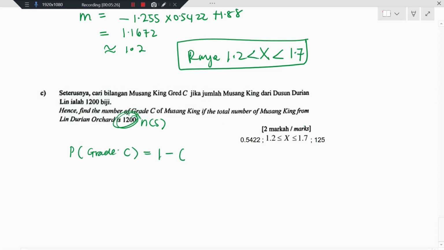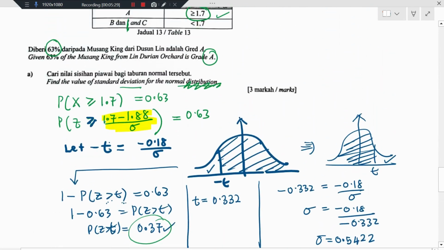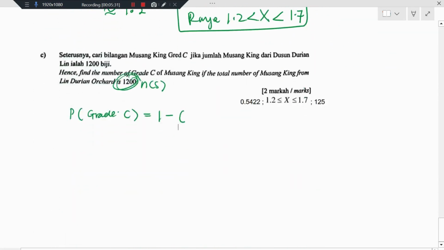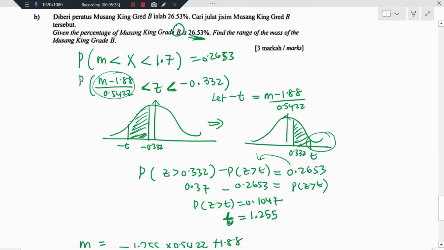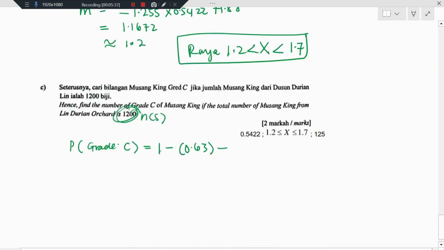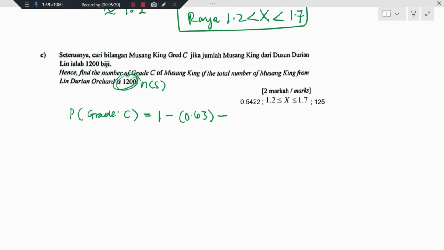Probability of grade A is already given in the question, 0.63. And then you minus the B, you will get your C. B is 0.2653. So 1 minus 0.2653 minus 0.63.